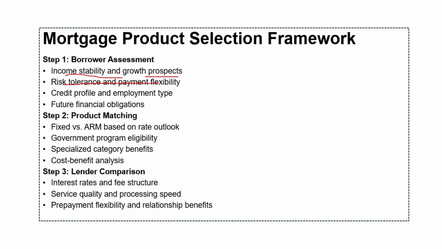Government program eligibility can provide massive benefits through interest subsidies, making PMAY evaluation essential for qualifying borrowers. Step 3 is lenders comparison, encompassing not just rate and fees, but service quality, processing speed, and relationship benefits for future financial needs.